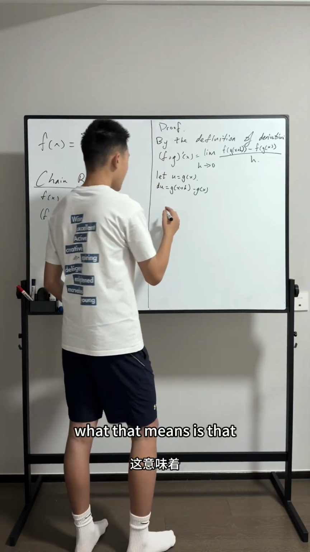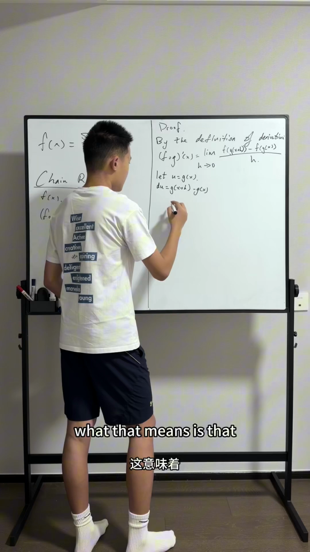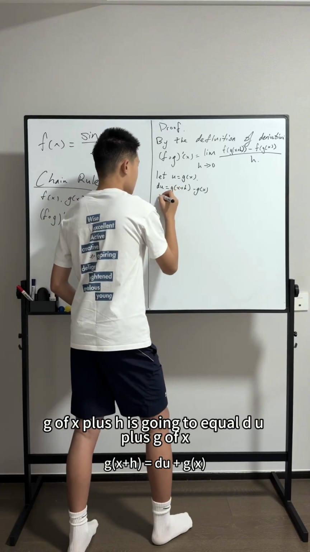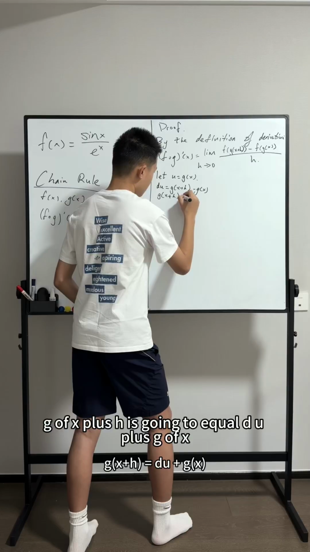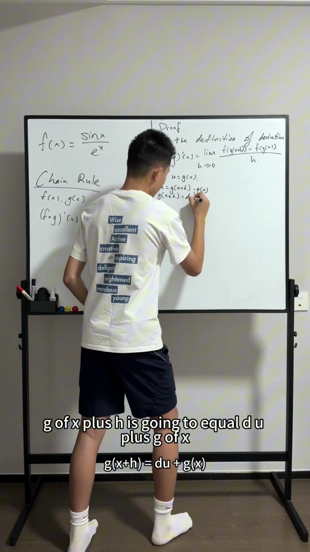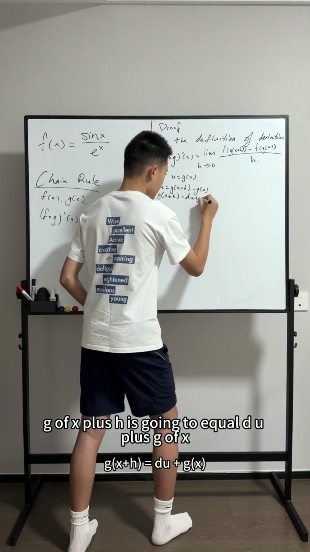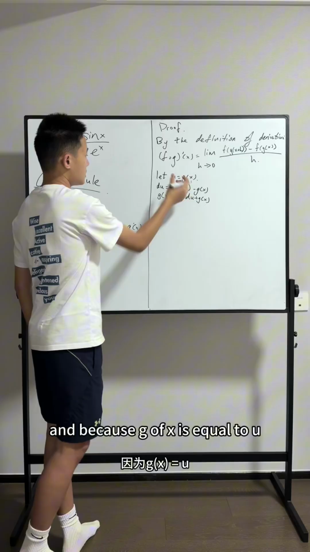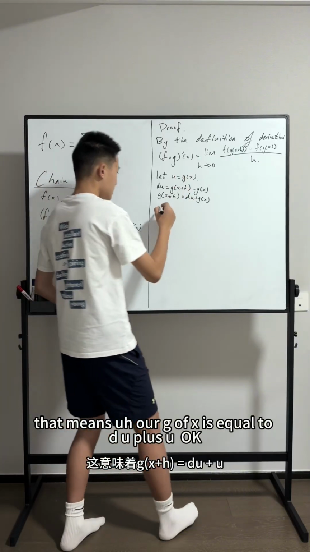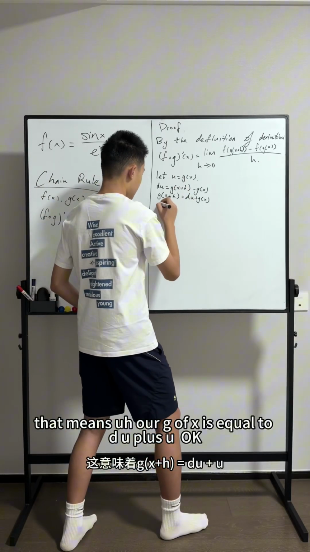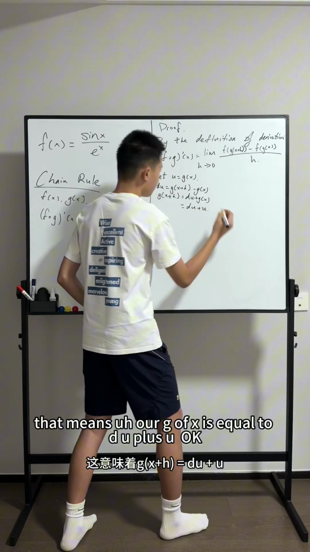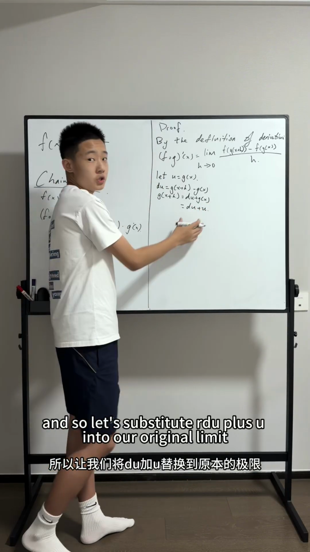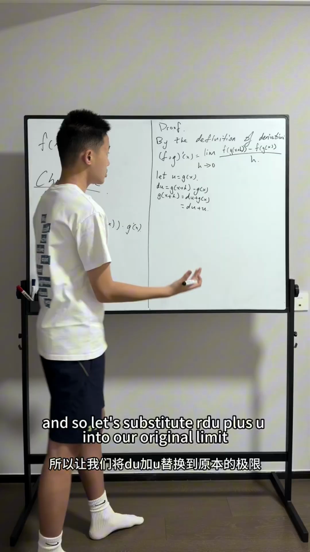So what that means is that g of x plus h is going to equal du plus g of x. And because g of x is equal to u, that means g of x plus h is equal to du plus u. Okay? And so let's substitute our du plus u into our original limit.